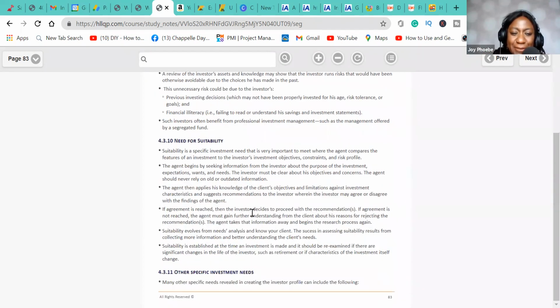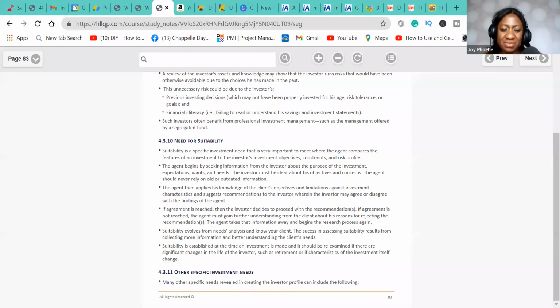Need for suitability. Suitability is a specific investment need that is very important to meet when the agent compares the features of an investment to the investor's investment objectives.